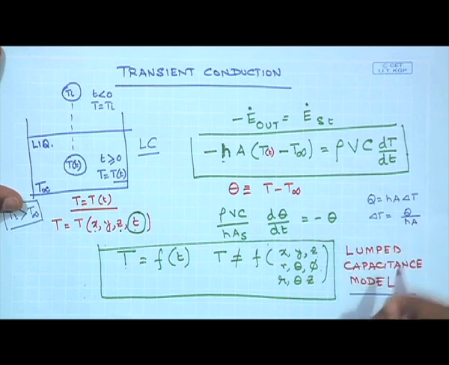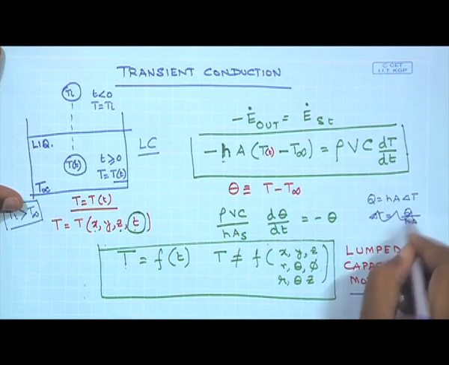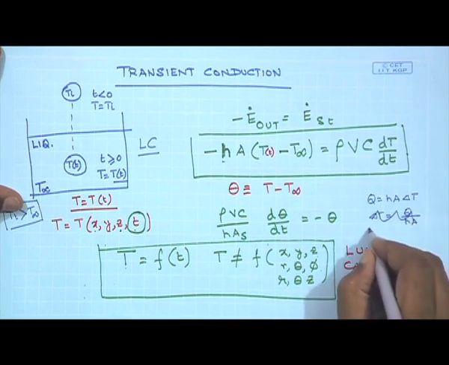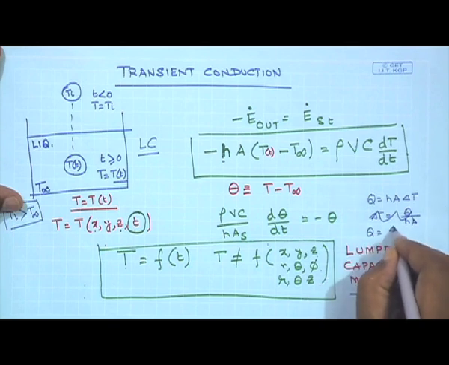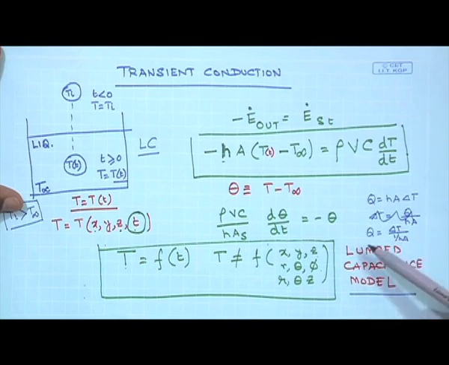Or I would rather express it as Q is equal to delta T by 1 by h A. So, this is the effect, the heat flow, and this is the cause.